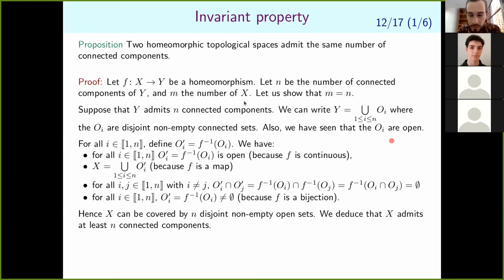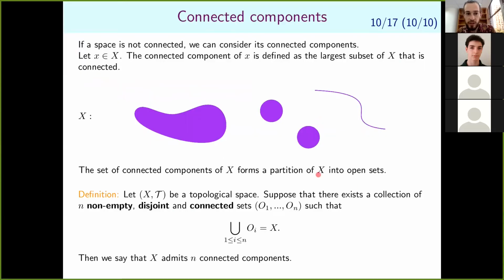So let me give you a proof of this fact. We take two topological spaces, X and Y, and we suppose that they are homeomorphic. I want to show that they admit the same number of connected components. I denote n the number of components of Y and m the number of X. As Y admits n connected components, I can use the definition I gave you earlier.